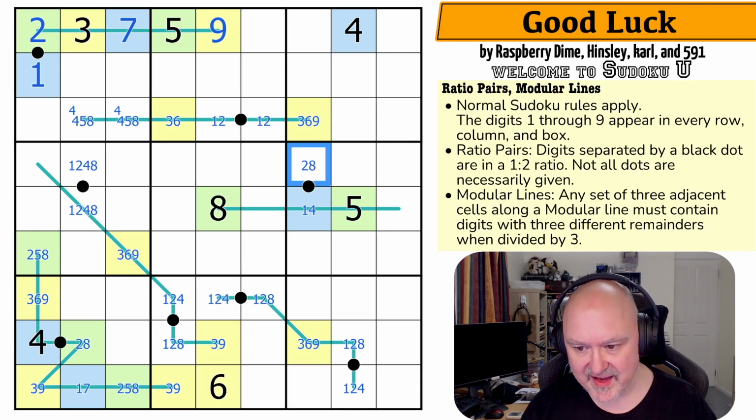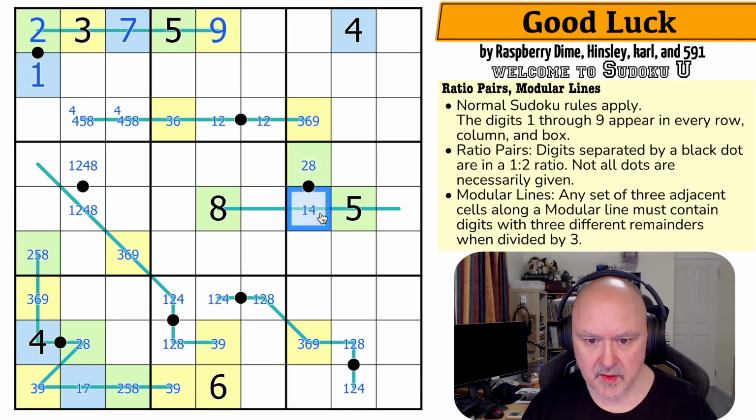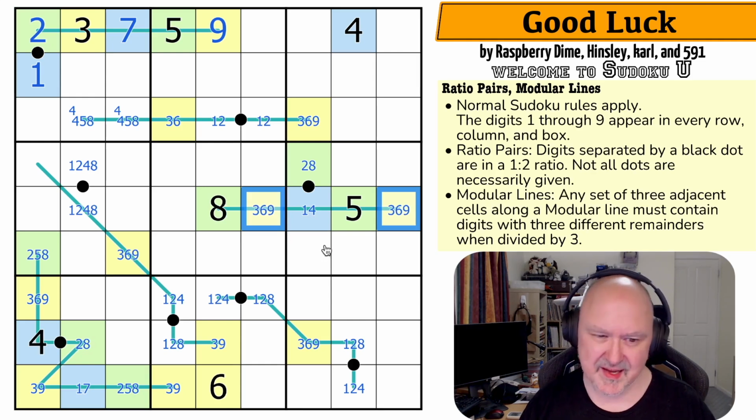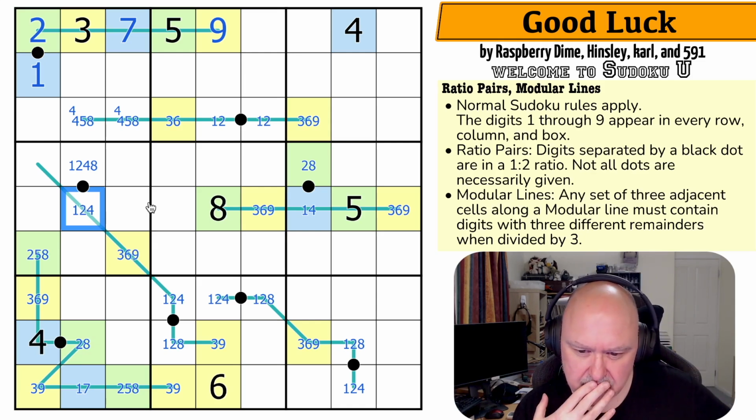Either way, that is green, which is the 2, 5, 8 set. But if this is blue, these are both yellow, and they're from 3, 6, 9. And I can't see how to narrow that down. Oh, there's no 8 here. But that doesn't seem to stop anything.